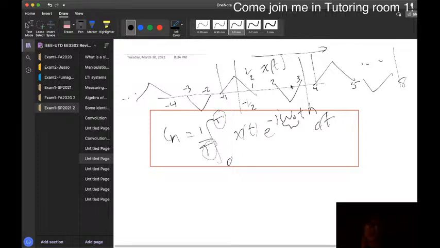It's going to include this space here, and it's also going to include the space here. It should be from -1 to 4. That is our signal.